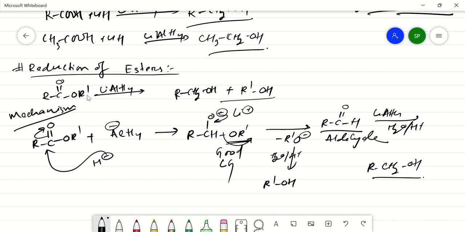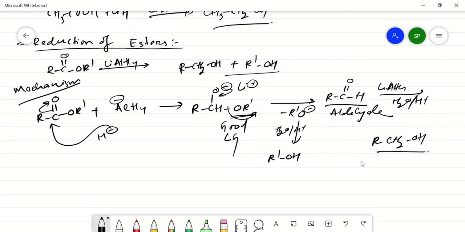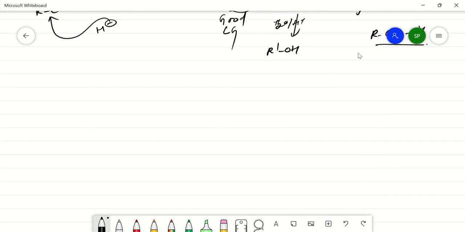Okay. There is another method for the production of alcohol from ester, that is called Bouveault-Blanc reduction. You can say BB reduction. In this reduction, the reagent that is used is sodium and ethanol.